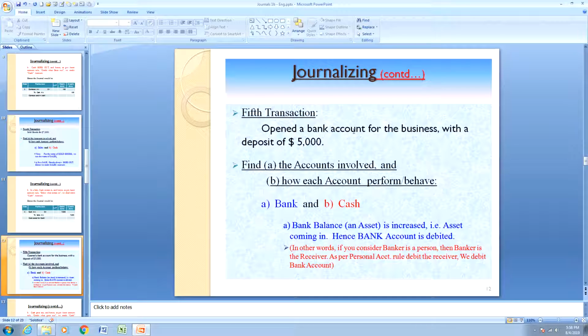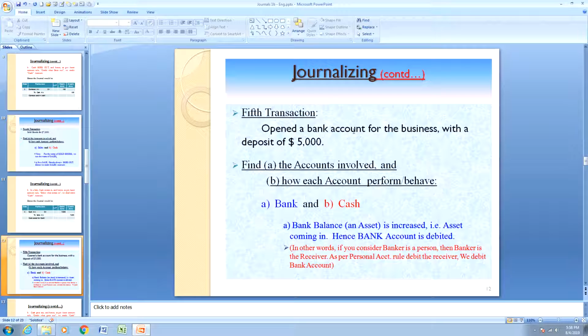Fifth transaction, opened a bank account for business with a deposit of $5,000. The accounts involved are bank and cash. Bank balance is increased, that is asset coming in, hence bank account is debited. In other words, if you consider banker is a person, then banker is the receiver.